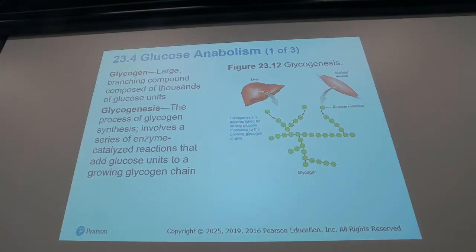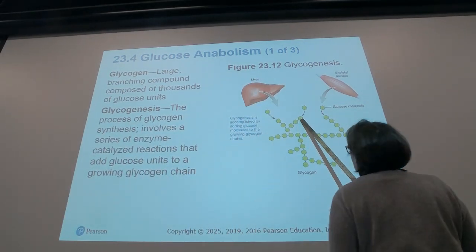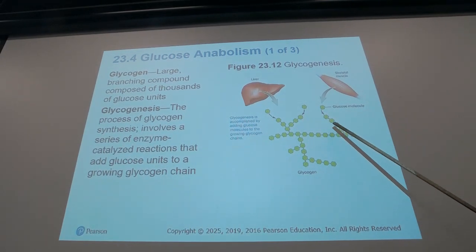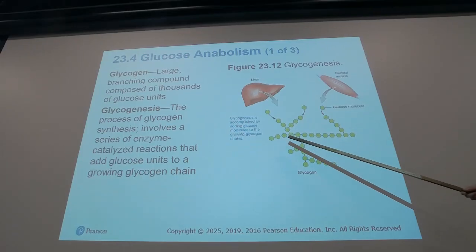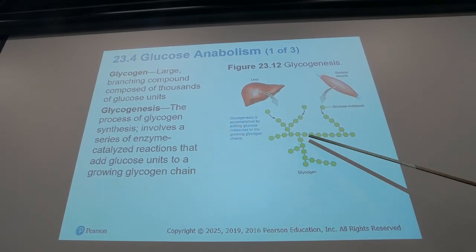So then how do we form this? We have enzymes that can couple bonds between different glucose molecules, and they will have this shape. So these are the bonds between these glucose molecules, and then this is a long polymer of glucose molecules.